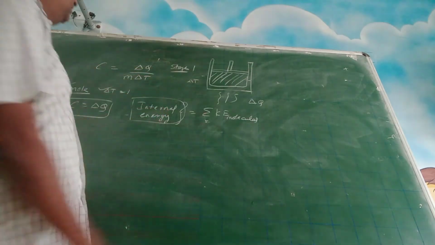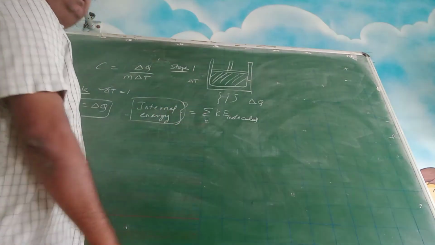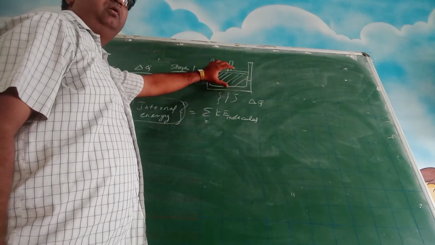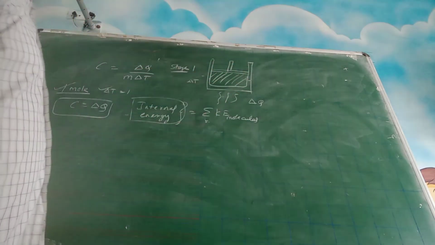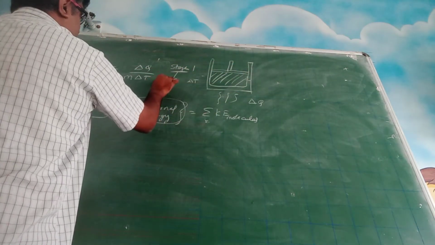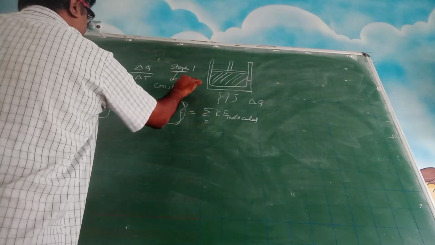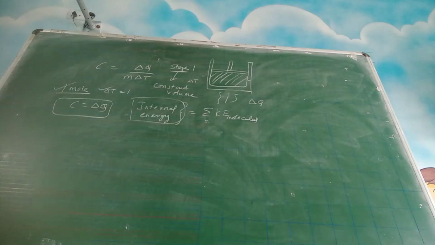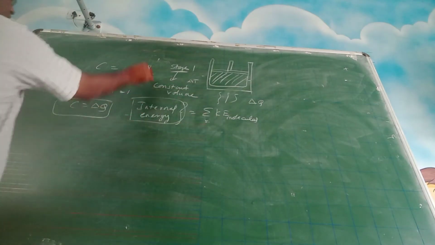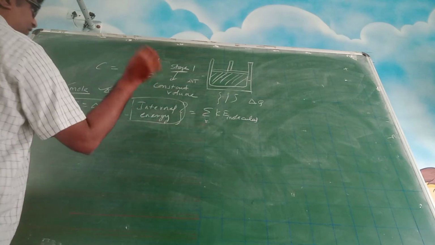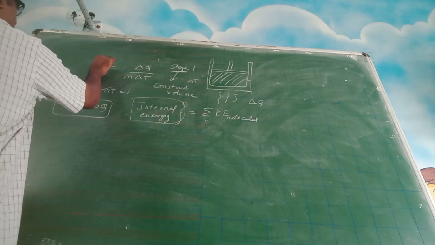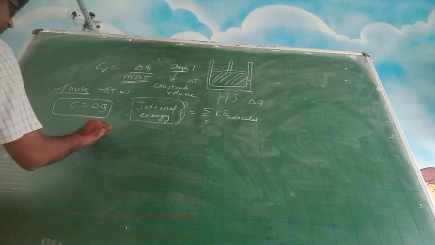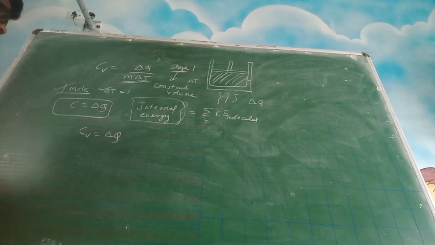Then in stage 1, the heat given is only used to raise the temperature of the content inside. So this stage is operating at constant volume. Looking at this expression, Cv becomes equal to delta Q, because you are considering 1 mole and delta T of 1.